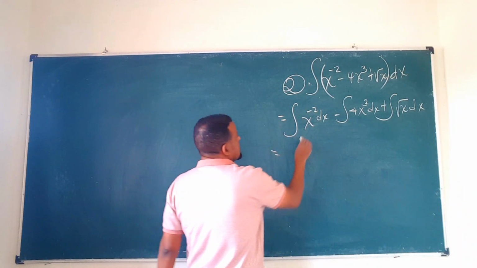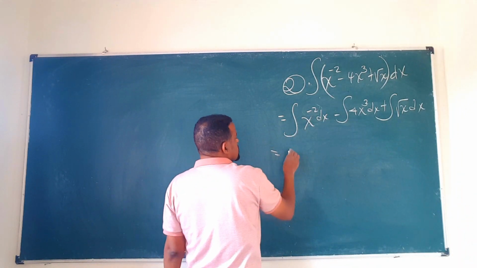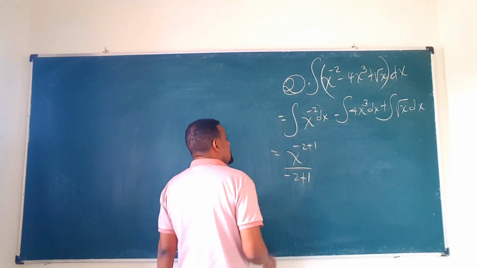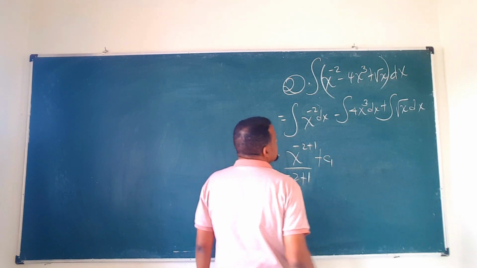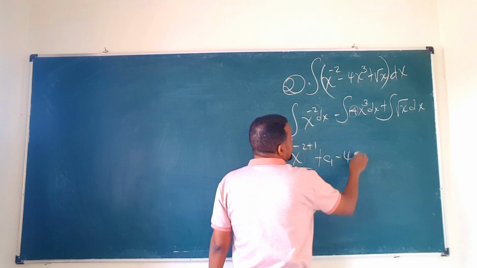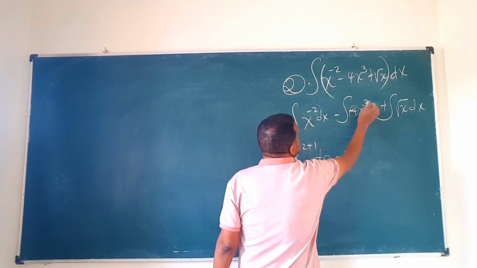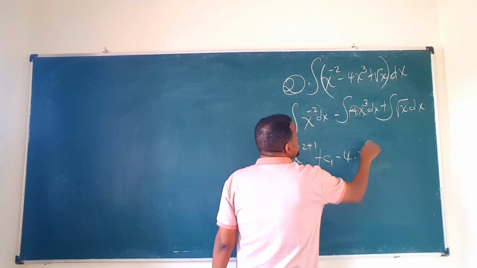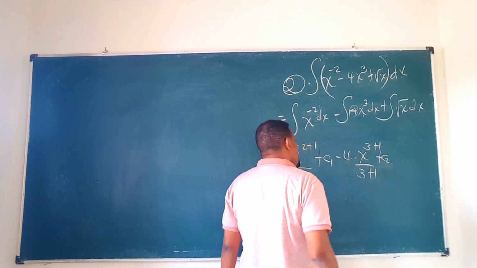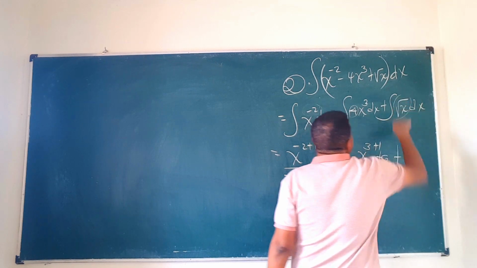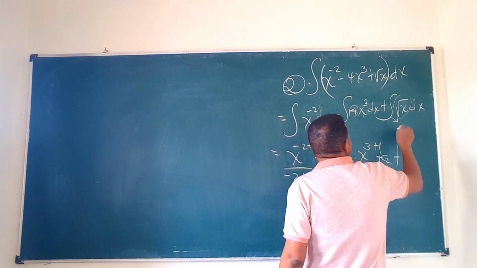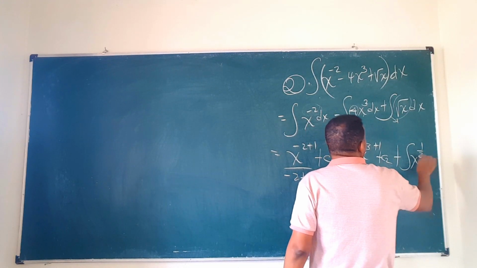So this will be, here it is negative 2, so that will be x to the power of negative 2 plus 1 over negative 2 plus 1 of course plus c1. Then this is a constant, 4 comes out, minus 4. Then the integral of x cubed is x to the power of 3 plus 1 over 3 plus 1 of course plus c2 plus radical x. We said radical x is x to the power of 1 over 2, so this is the integral of x to the power of 1 over 2 dx.